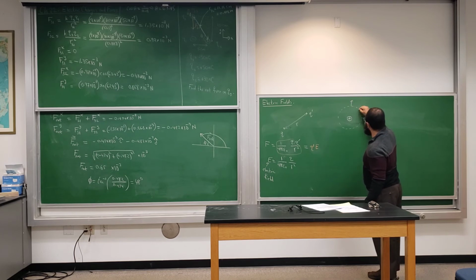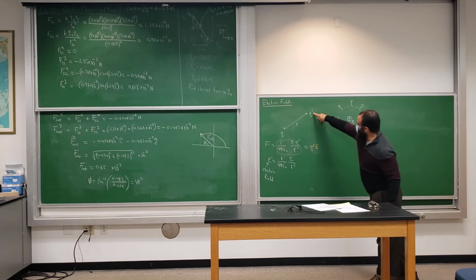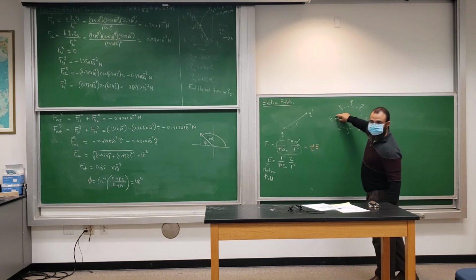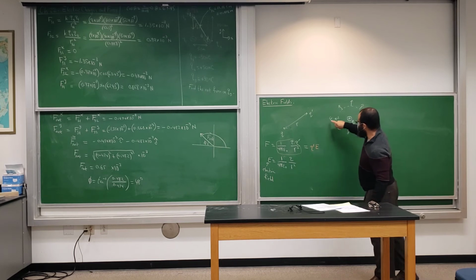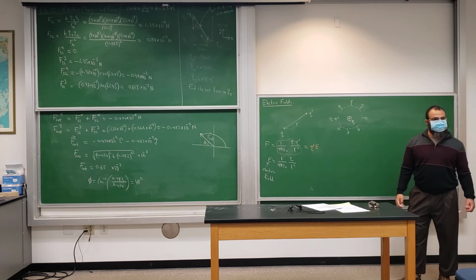So you can think of every single point, everywhere you are, there is an electric field due to this charge. That's the electric field produced by this charge Q. If I put a Q prime in here, it will experience a force, and the force on it will be Q prime times E.